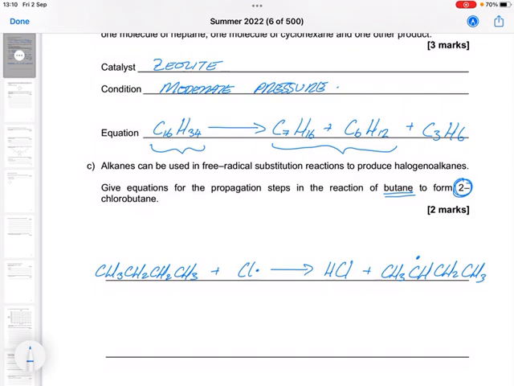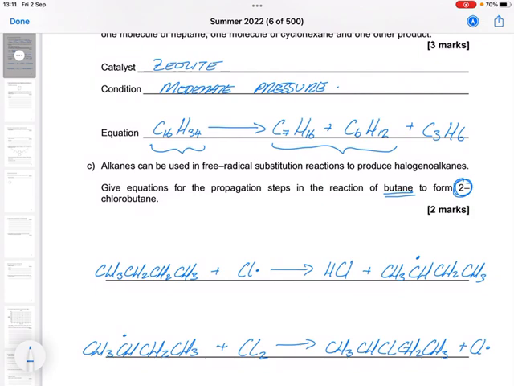Okay, the second step, so we start with the free radical that has formed, so CH3, CH radical, CH2, CH3, plus chlorine that didn't undergo homolytic fission, and then CH3, CH, that's where the chlorine is going to go, CH2, CH3, and then that regenerates the chlorine free radical.